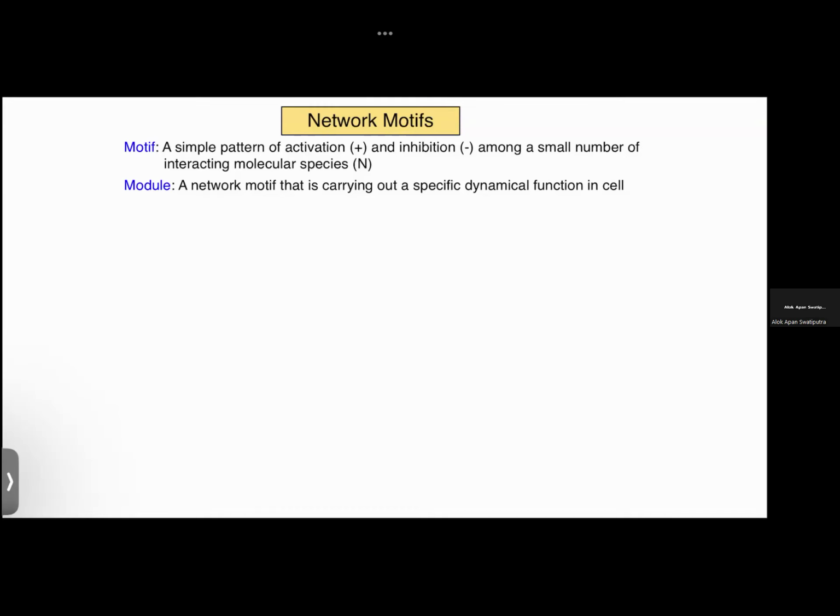If you think in terms of electrical engineering, you have a capacitor resistor circuit, a CR circuit, LCR circuit, LR circuit. These are certain modules which you can fit into the electrical system, and you will get a determined output. No matter how you design the system, if you put this module, you should get this particular output. Similarly, biology also has these network motifs and modules.